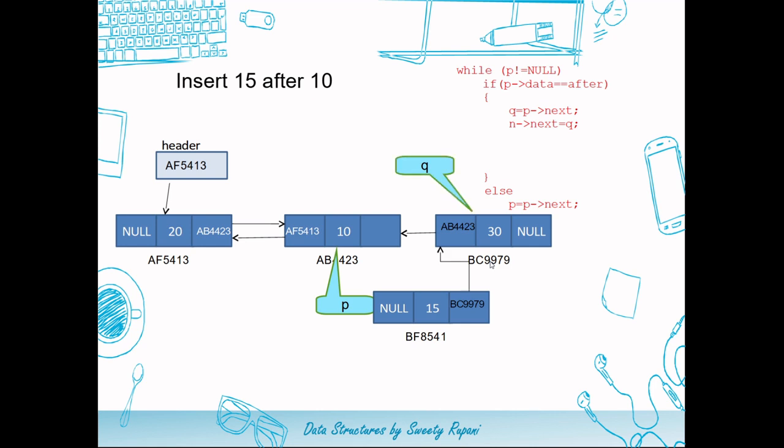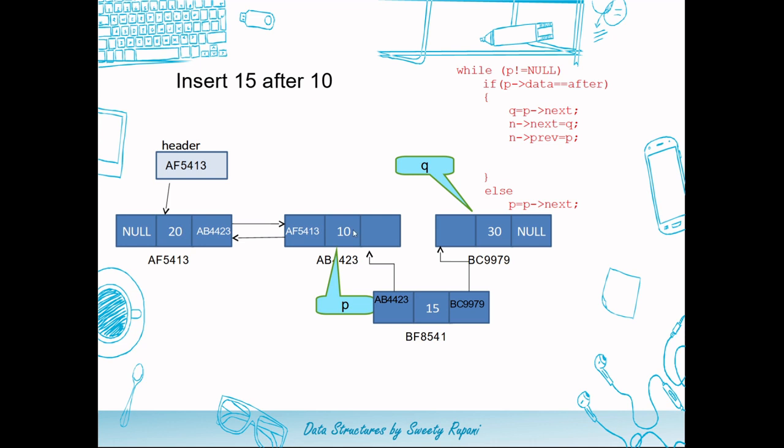Once we are done with this, we created this link. So next step would be updating a previous part of a newly created node. So that's what we are doing. Previous part of a newly created node will get an address of P, which is an address that was stored over here. So AB4423 is an address where P is pointing.